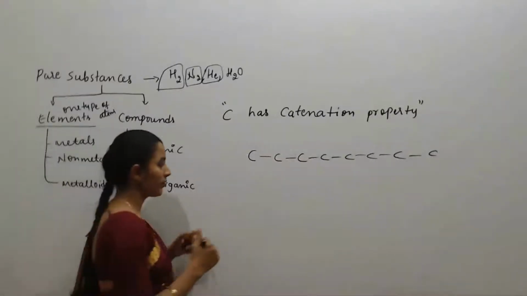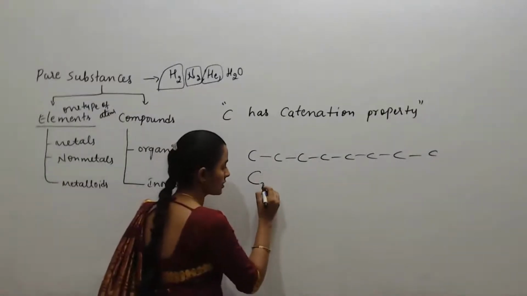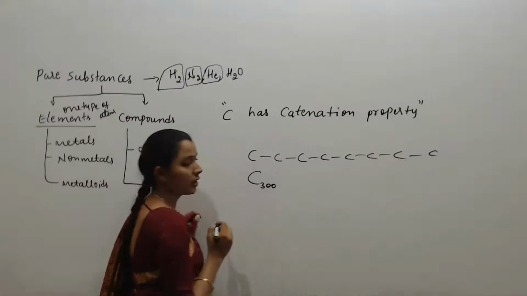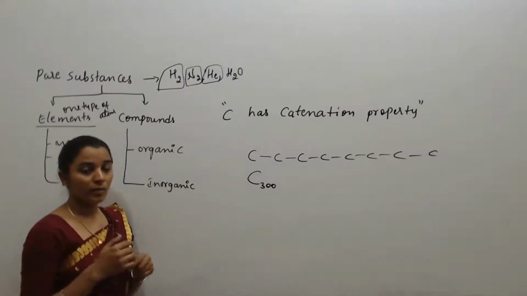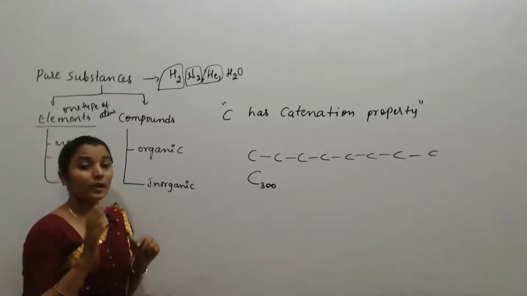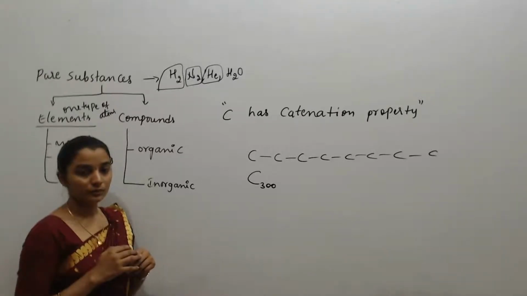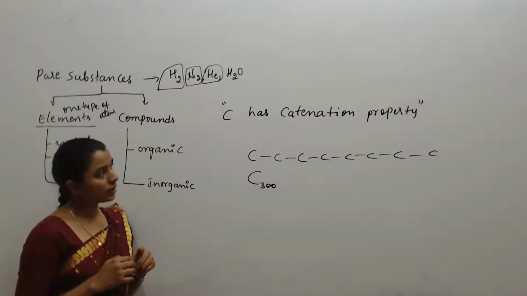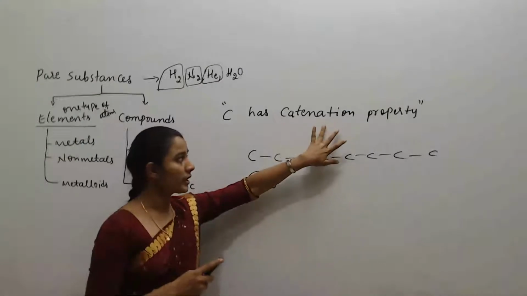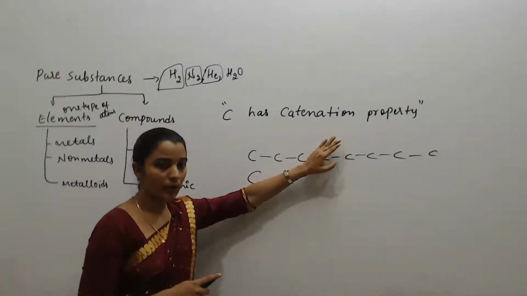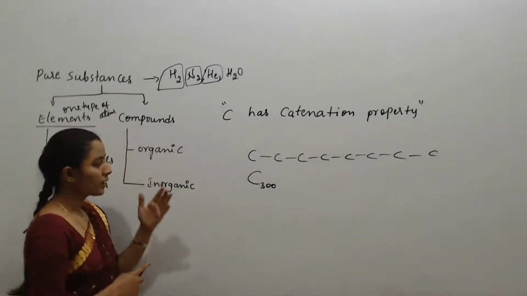The maximum number of carbon atoms present in the higher proteins is C300. 300 carbon atoms are continually bonded with each other to form a macromolecule. Macro means very big, 10 to the power 6. Because of the high catenation property of carbon, it forms so many compounds.